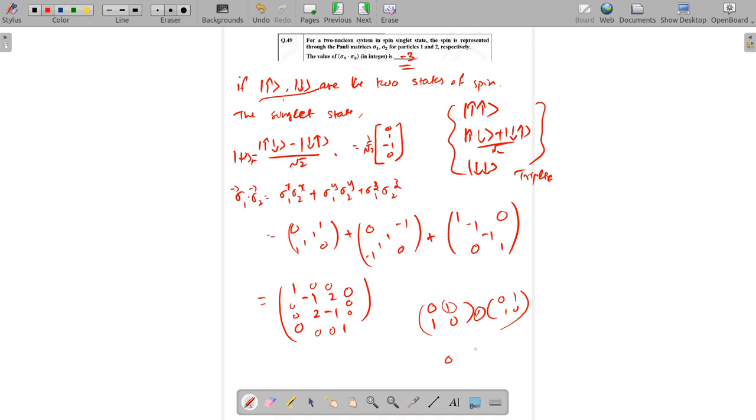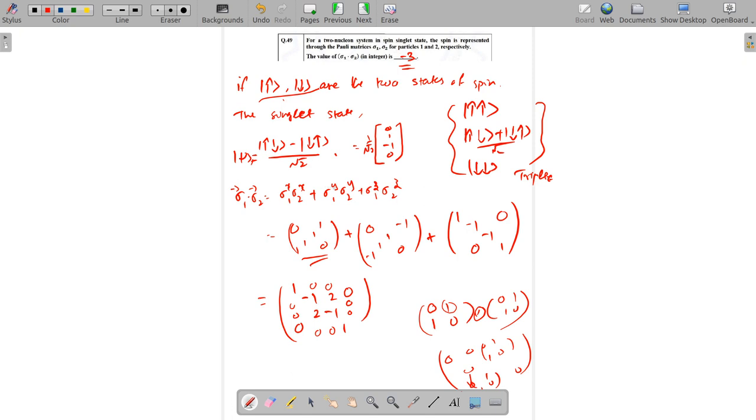So you will get 0 0 0 1 1 0 like this. Similarly here also you get 0 1 1 0. This is how you calculate the tensor product, and that's what you are getting here.